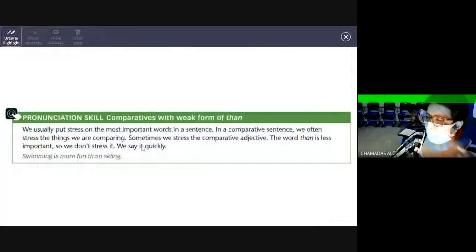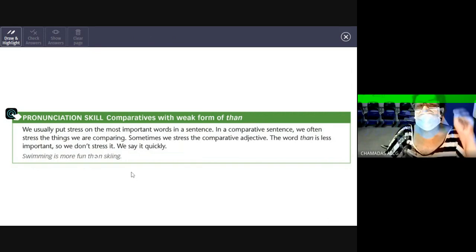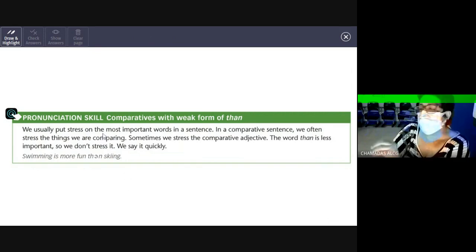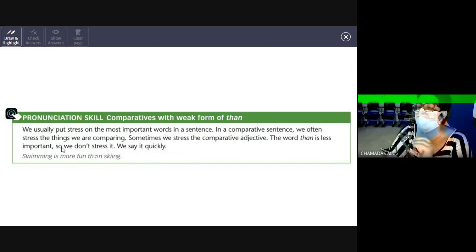So you can see when we compare places, we tend to stress, to emphasize the things we are comparing, okay? So we usually put stress on the most important words in a sentence. In a comparative sentence, we often stress the things we are comparing.